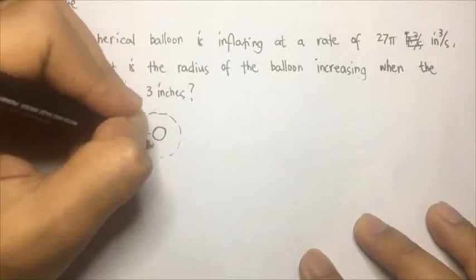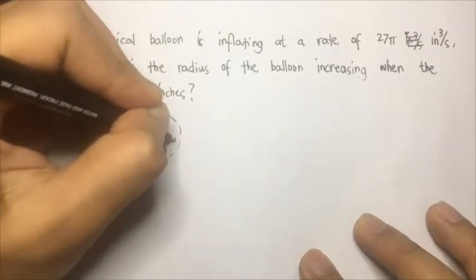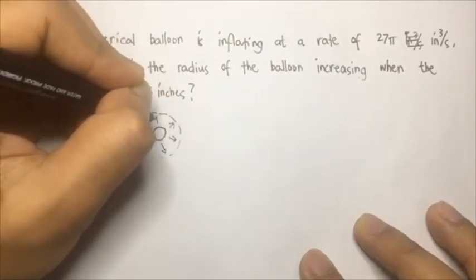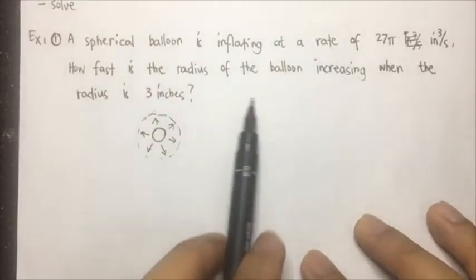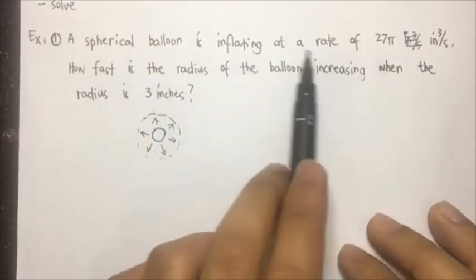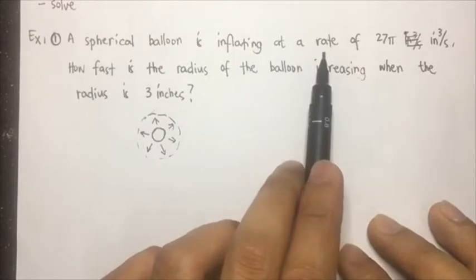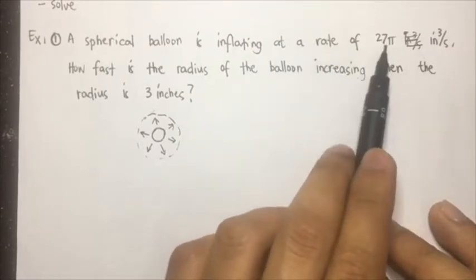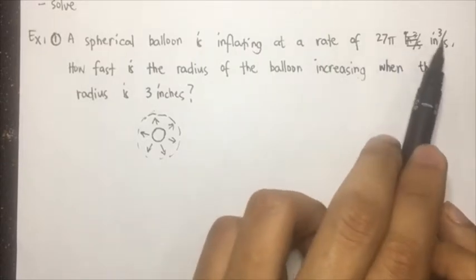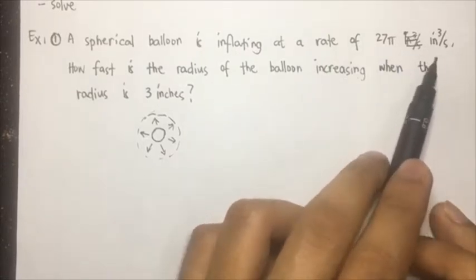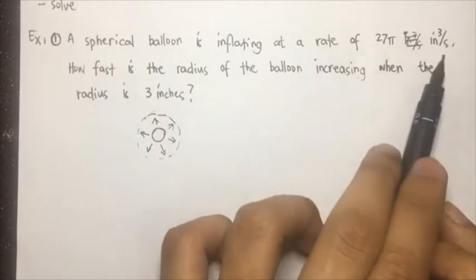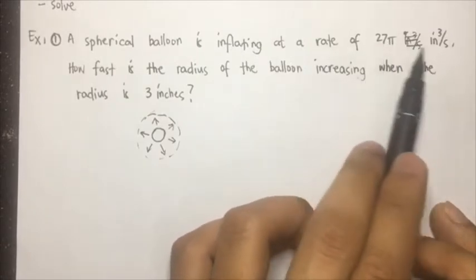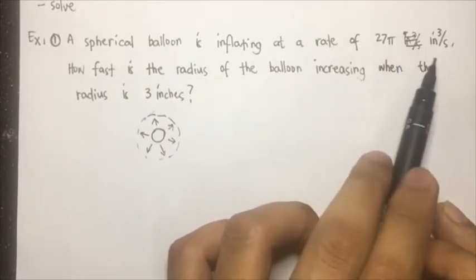Meaning it increases in size, it increases in volume. So its volume is expanding. We are given that the rate of inflation of the balloon is 27 pi cubic inches per second. So this is a rate of change in the volume. The volume is increasing.